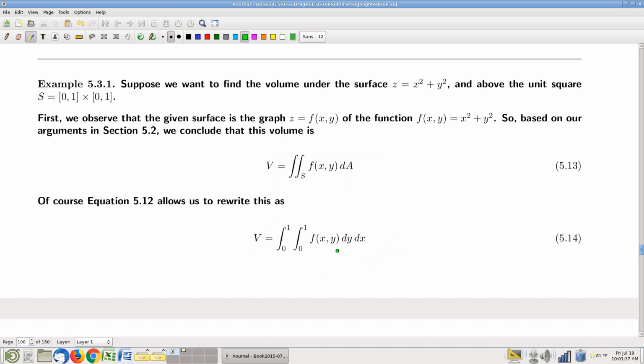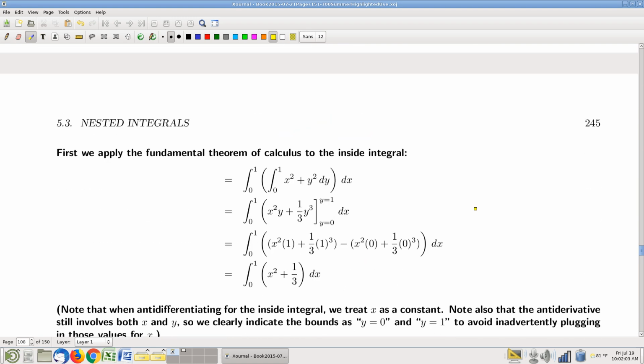Let's look at our domain. Our domain says that x ranges from 0 to 1. This says that y ranges from 0 to 1. So there are our bounds on our iterated integral. Again, the integrand, the thing whose graph we're looking at, is this function f, x squared plus y squared. And you write all that down, and here you go. And let's compute.